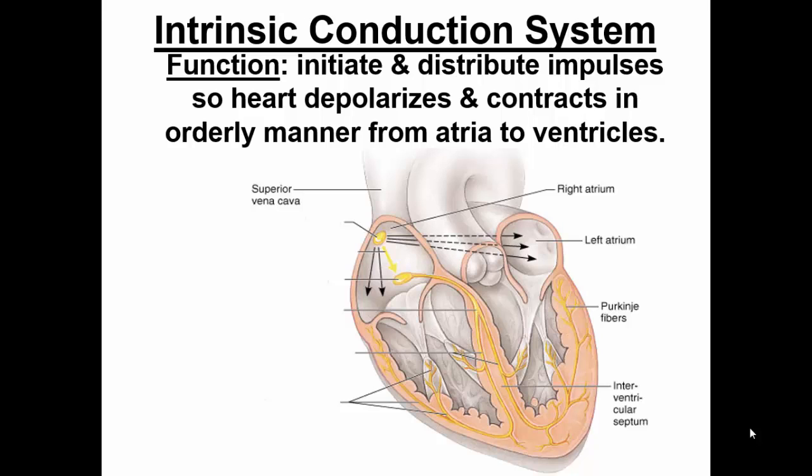Remember that autorhythmic cells are found in 5 locations in the heart. The first place they're found is the SA node, which stands for sinoatrial node. And you'll notice that this is found in the right atria only.